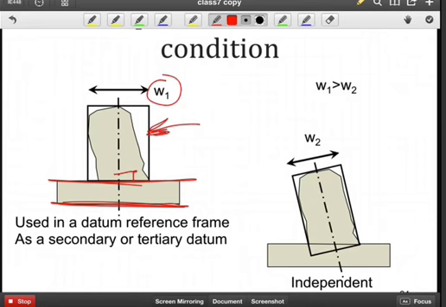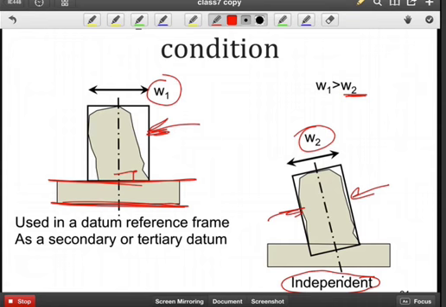Now what happens when the feature is independent? In other words, it could be the primary datum reference. Then we see a different orientation of our mating envelope. Again, the smallest cylinder that fits around that. Clearly, W2 will be strictly less than W1.